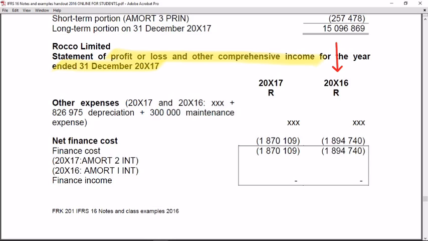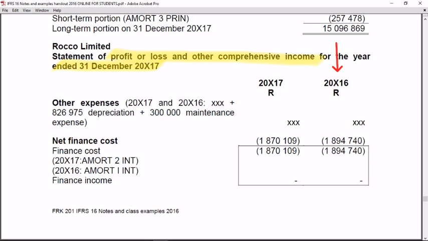So we will not have as a line item depreciation or maintenance expense. It will be included in the line item other expenses. In the notes, which we will look at in a separate example, we will disclose the nature of these items.